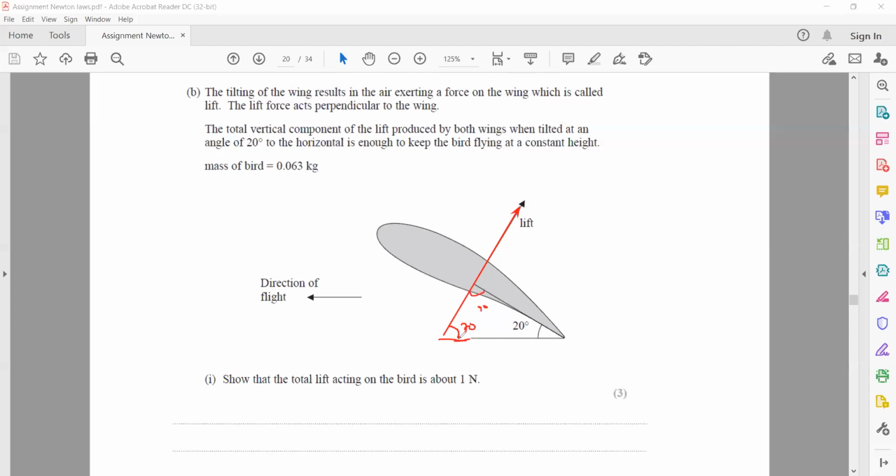So now the component of the lift which is with the angle will be lift cos 70, and this will be lift sine 70. So in this case, lift cos 70 will be equal to ma. You will get the same answer. If lift cos 70 equals ma or lift sine 20 equals ma, both will give the same result.